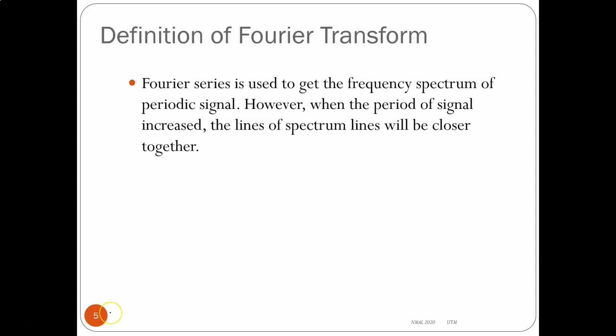Okay, so why did I show you the previous figures? This is because that is what defines Fourier transform. We already learned about Fourier series. Fourier series is used to get the frequency spectrum of a periodic signal, just like the first figure in the previous slide. However, when the period of the signal increases, the spectrum lines will be closer together.